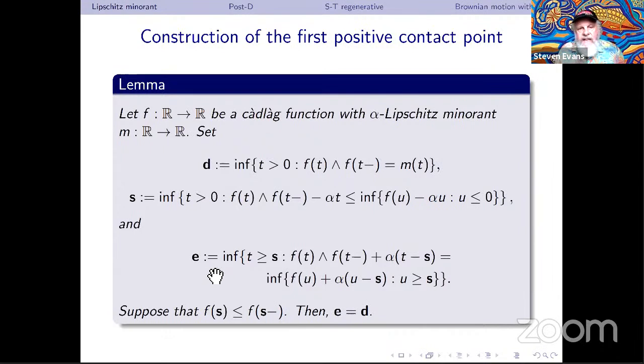Okay, and then let's let E be the first time bigger than S that this function here attains its future infimum after times S. And then if we have that f of S is less than or equal to the left limit of f at S, this guy here, E, will actually turn out to be D. It'll actually turn out to be this first contact point.